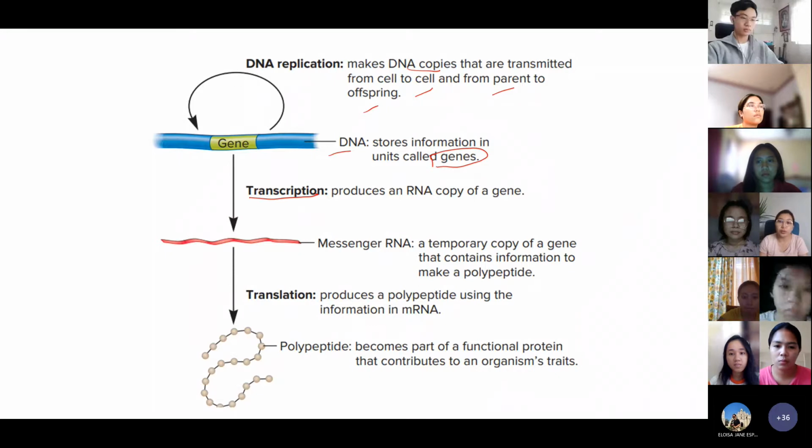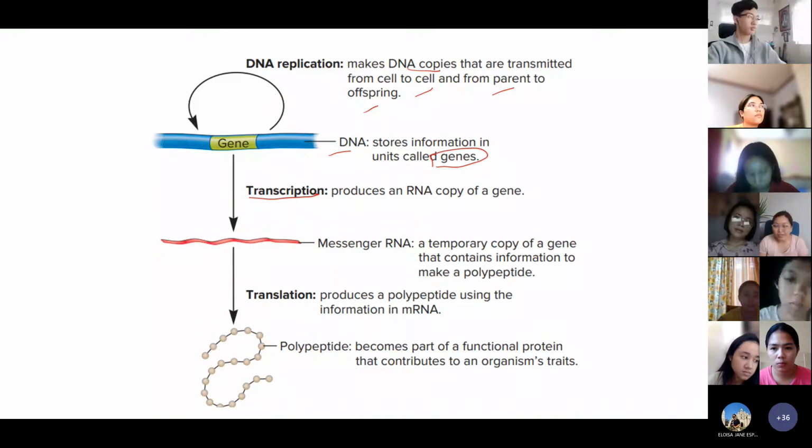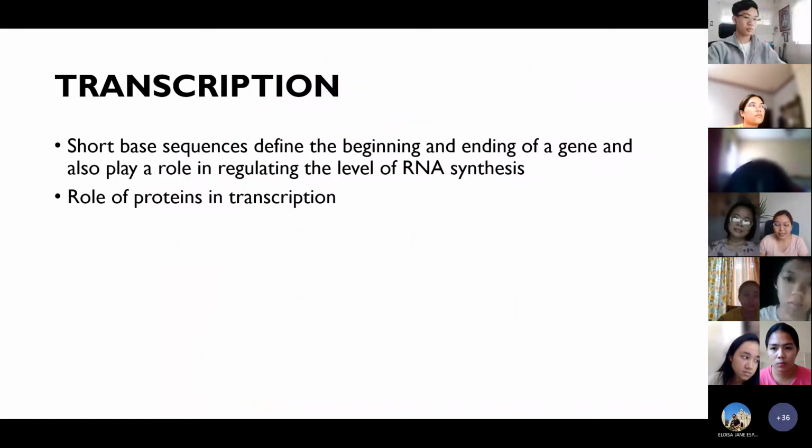It will contribute to what color of hair you will have, what color of eyes, the complexion of your skin, how tall you would be, how thin, and all the other traits that we can see.